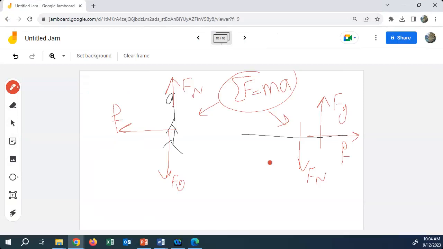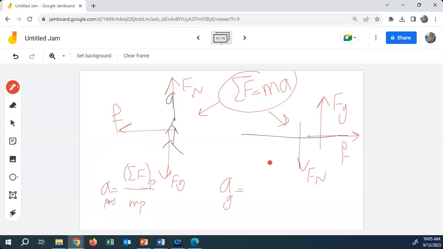So I just write this formula for each one separately. The acceleration of the person is the net force on the person divided by the mass of the person, good. But for the acceleration of the ground, I'm just using the same formula.